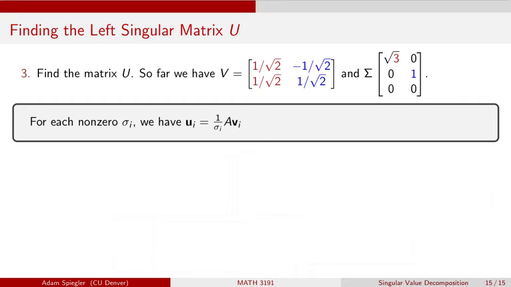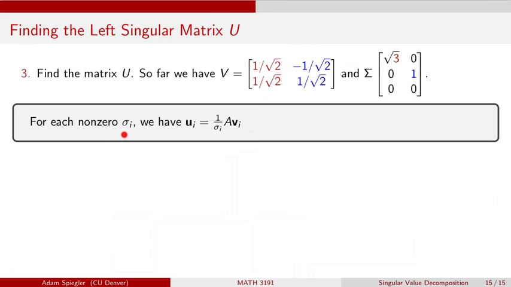Okay, so far we've done a lot of the heavy lifting. We found the orthogonal matrix V that we're going to multiply by the transpose on the right, and we found this matrix sigma. And so what's left to find is the orthogonal matrix U that we multiply on the left.